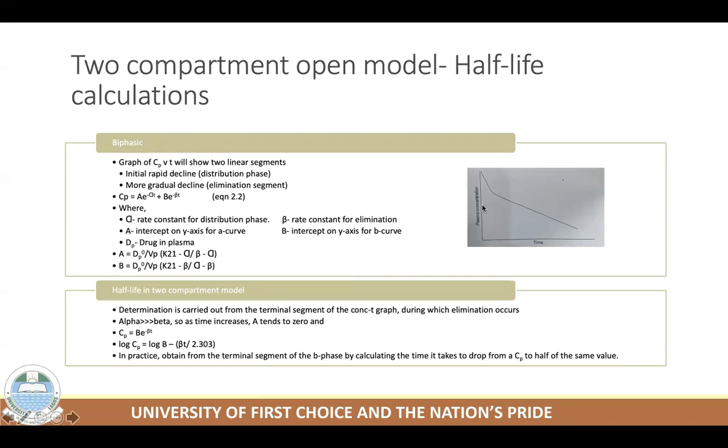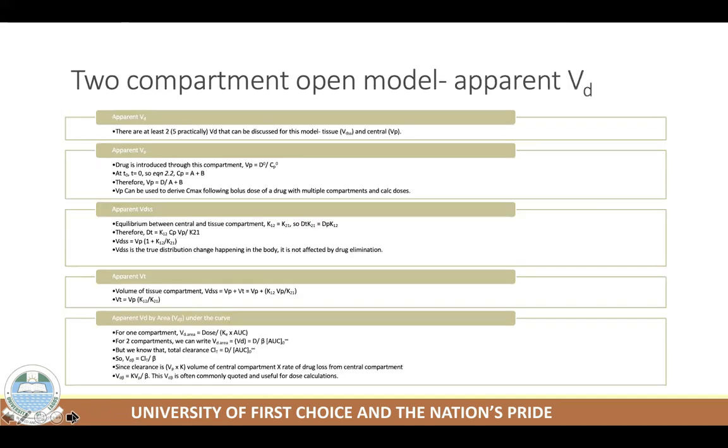For example, if you take 20 milligrams per dl on the y-axis, then you go next to 10 milligrams per dl and check that point, and then extrapolate to time, and then look at the difference, and that gives you the half-life. Of course, the half-life is constant and will not change throughout this phase. Okay, so your half-life, either by extrapolation on the graph or by calculation, you get the same thing.